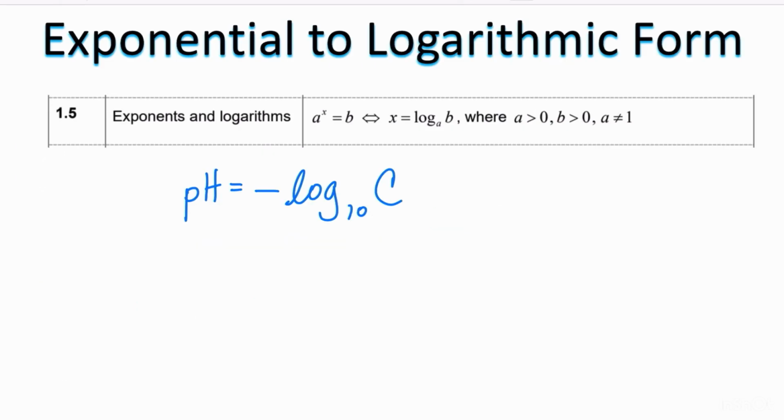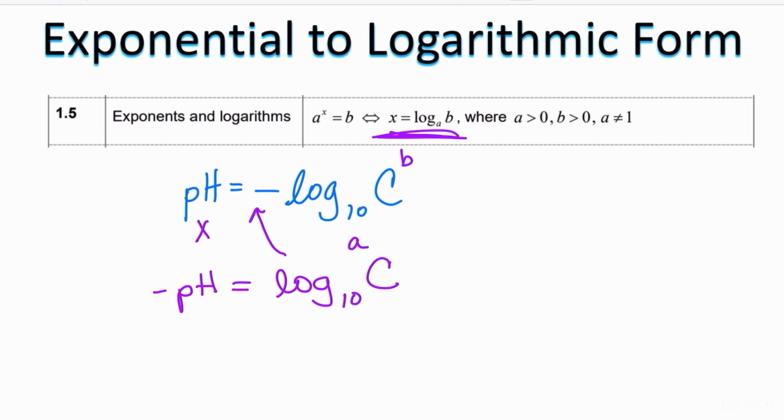So if you look here at the formula, we have x equals log base a of b. This is like our x, log base a of b. The only thing is that if you notice, there is a negative here, okay? So what I'm going to do is make this negative pH is equal to the log base 10 of C.